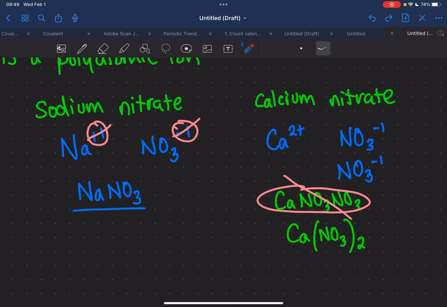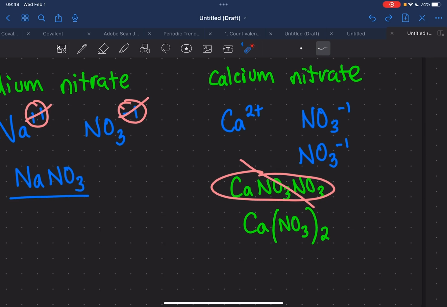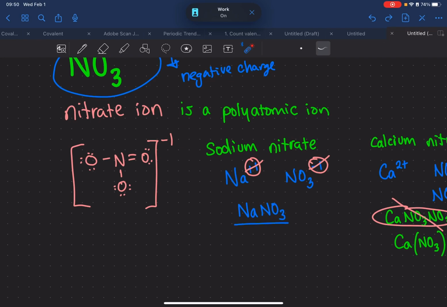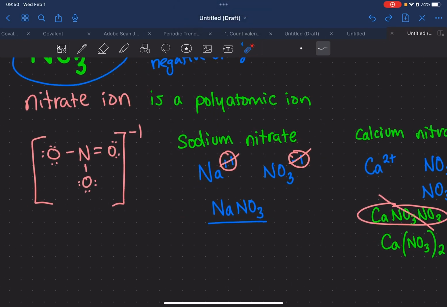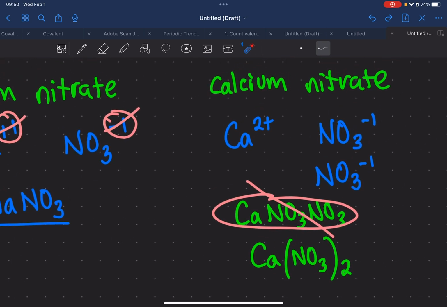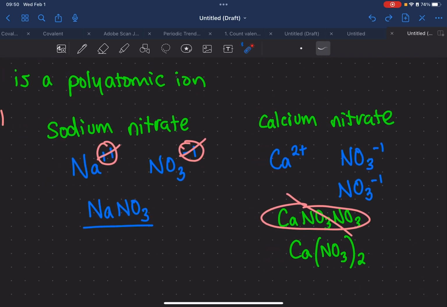If I wanted to draw maybe like a Lewis structure for calcium nitrate, I would need to draw this twice, right? So I have 1, 2, 3, 4, 5, 6 oxygen atoms in my calcium nitrate, and I would need just 1 calcium ion, or 1 calcium atom. So there we go. That's how we would write that.